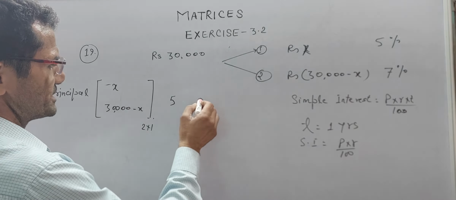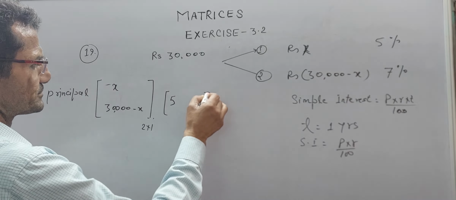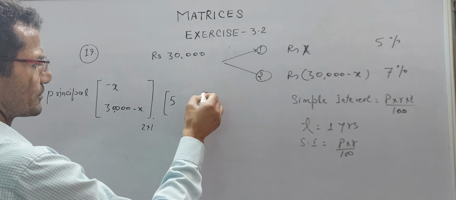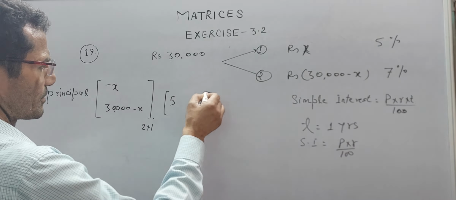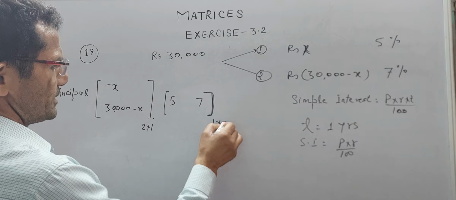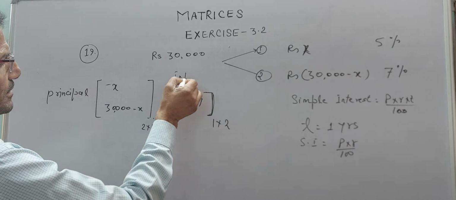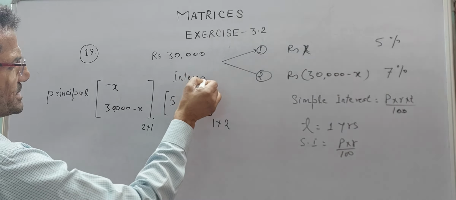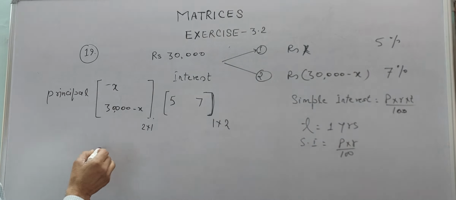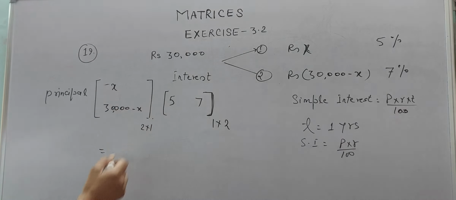This is 5%, another is 7%. So this is our first row, second column. So this is the interest part, annual interest. So if I simplify this one, we will get first row into first column.